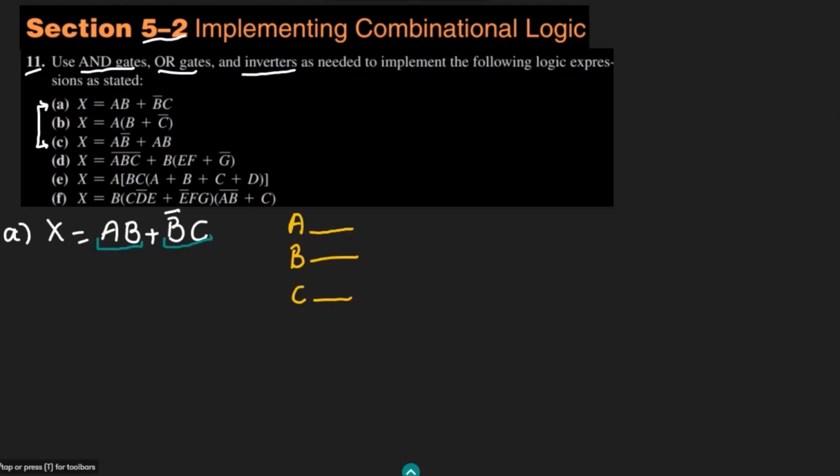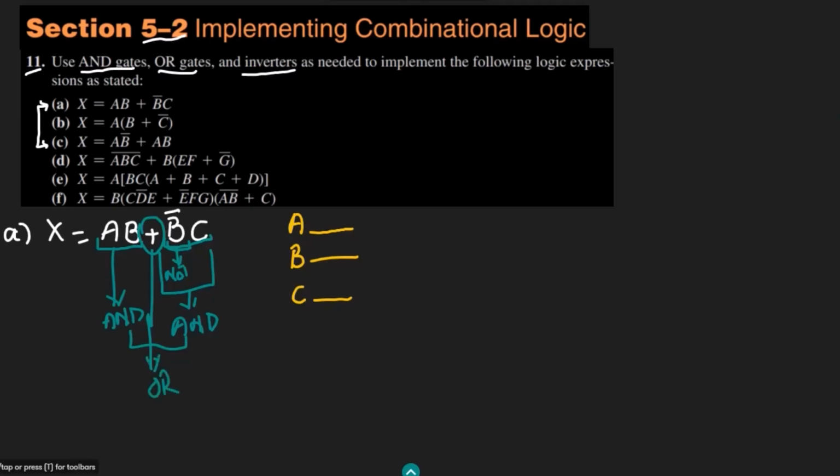But before the multiplication of B and C, I have the complement of B. So I have to use a NOT gate, and after this NOT gate these two are ANDed together. Similarly these two are ANDed together, and at the end these will be ORed. These two will be combined by using this OR circuit.